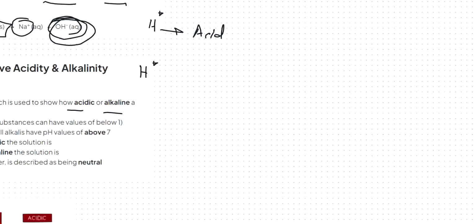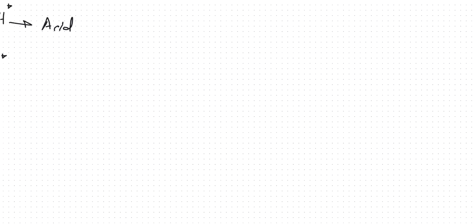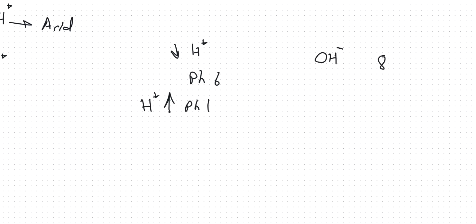Remember this: the H plus ion concentration at pH 6 is very low, whereas at pH 1 it is very high. Similarly, for OH minus ions, it's very low at pH 8, and at pH 14 it's very high.